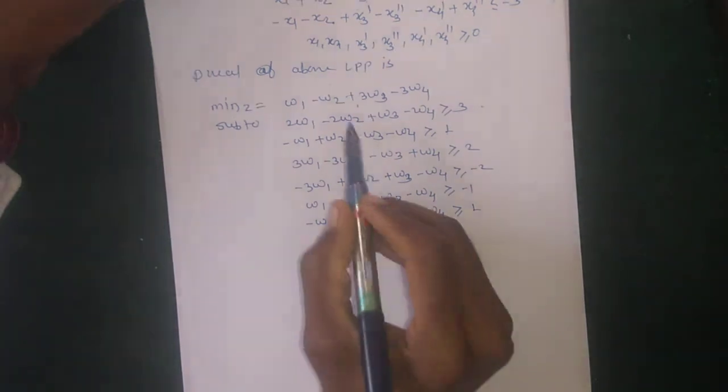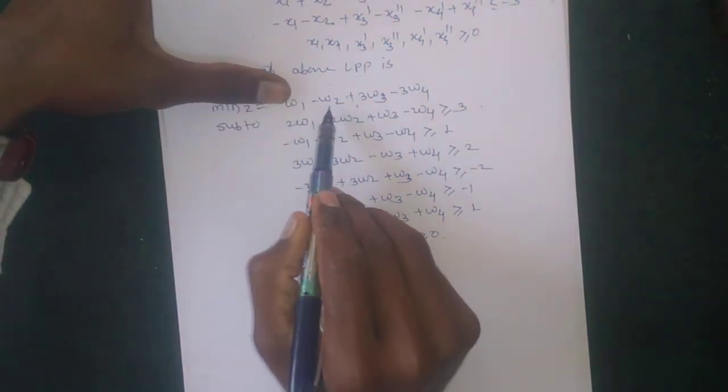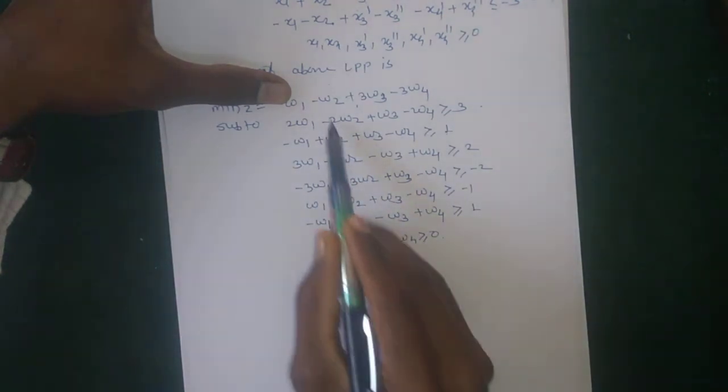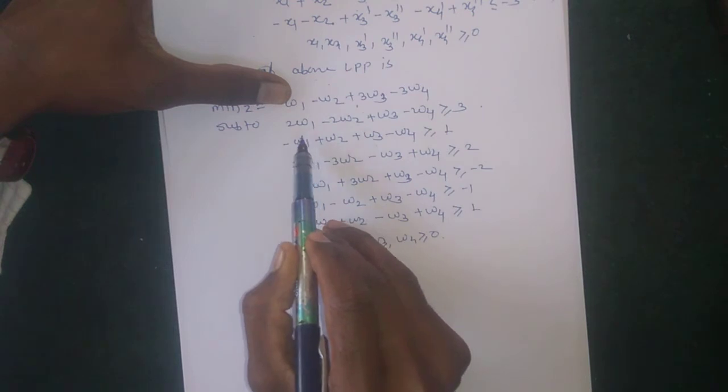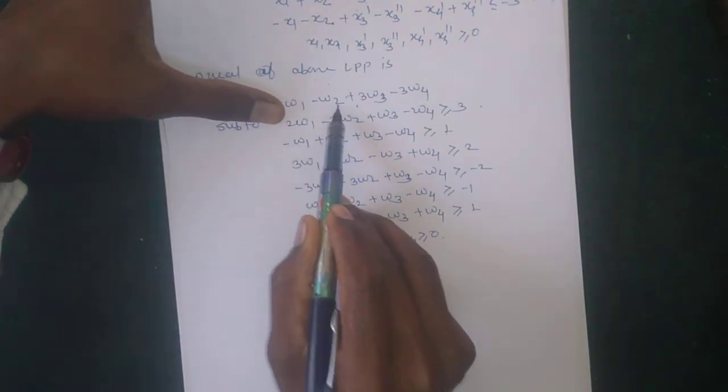This is the dual of the above problem, but here the coefficients of w1 and w2 are the same. Similarly in all constraints the coefficients of w1 and w2 are the same, so take the coefficient common and keep only w1 - w2.